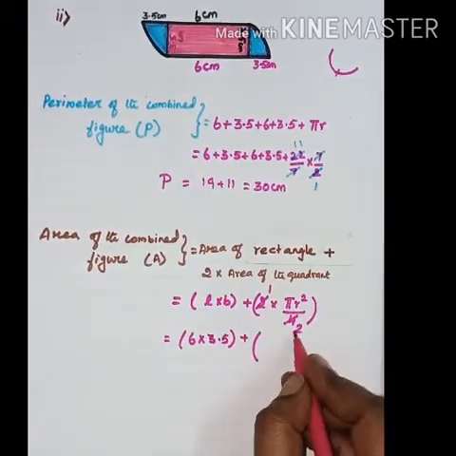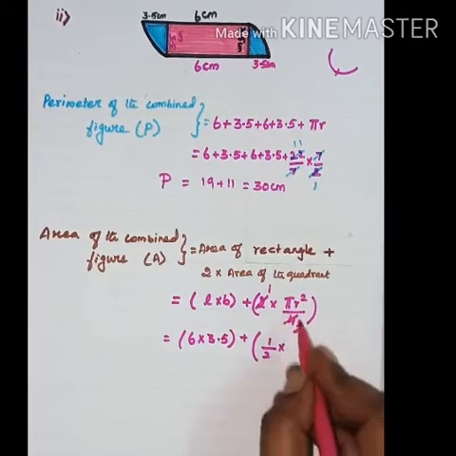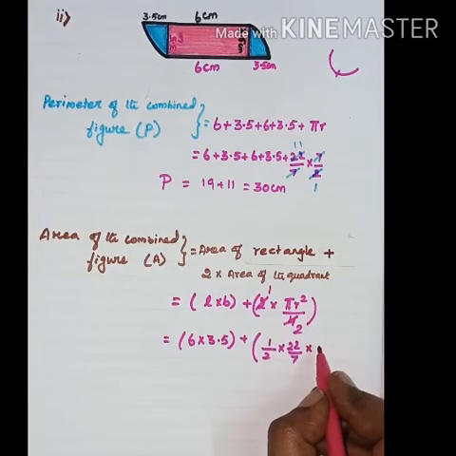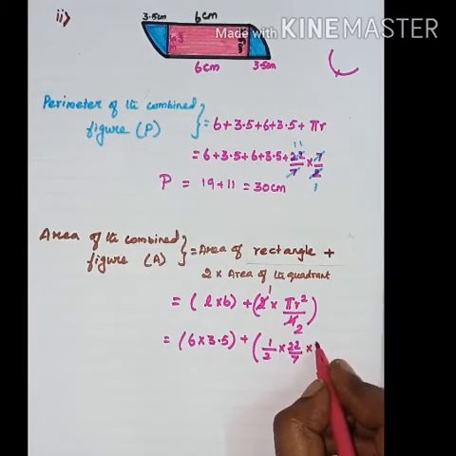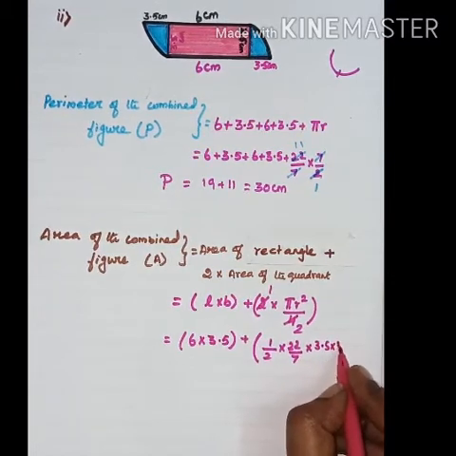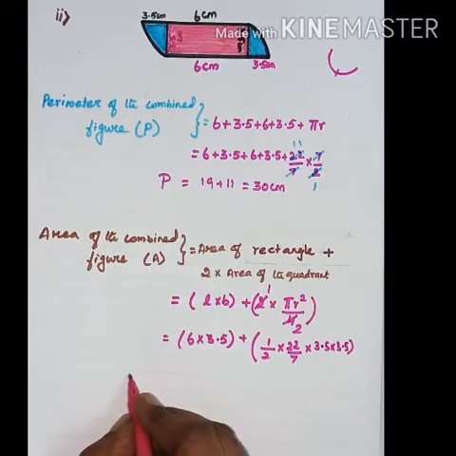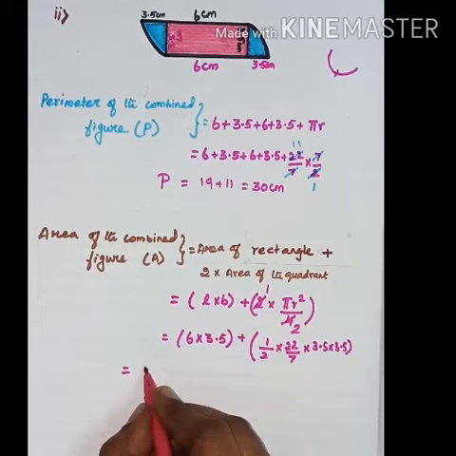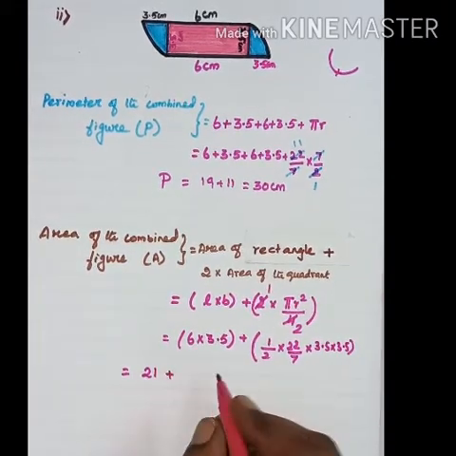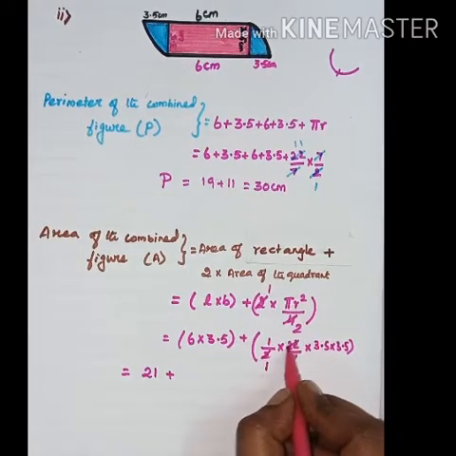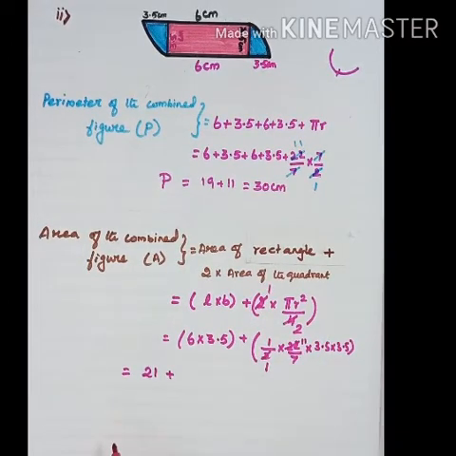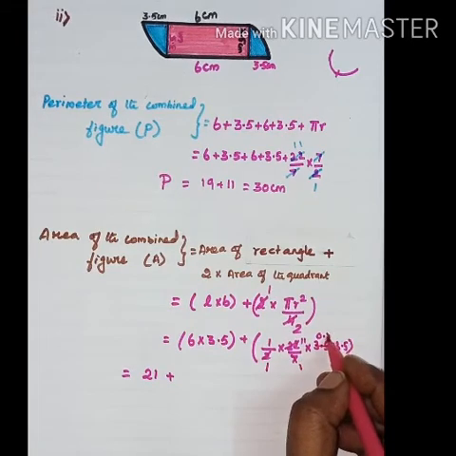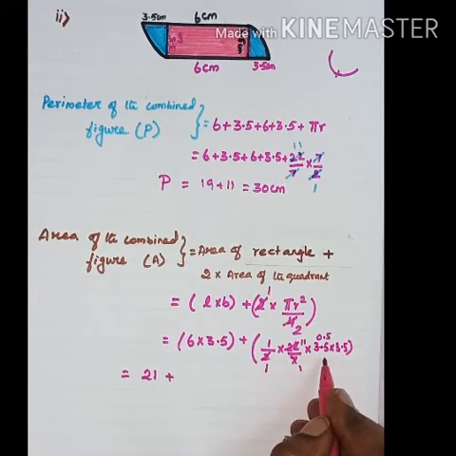Plus 1 by 2 into pi value 22 by 7 into r square, which is 3.5 into 3.5. 6 into 3.5 is 21 plus, here 1 2s are 2, 11 2s are 22, 1 7s are 7. 0.5 times 7 is equal to 3.5.